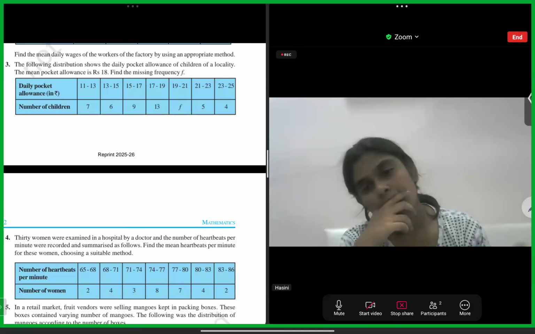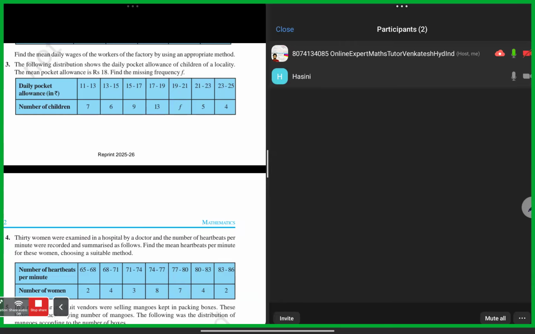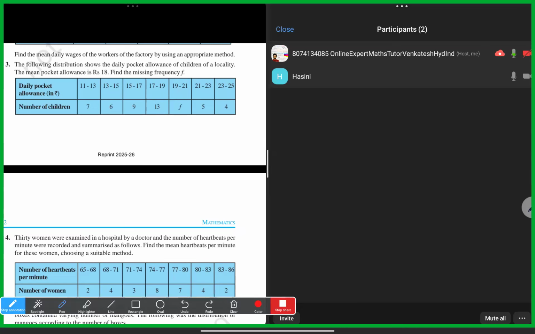So for this missing frequency question, first we'll write the class interval column, then the frequency column, then the xi column, then the di column.